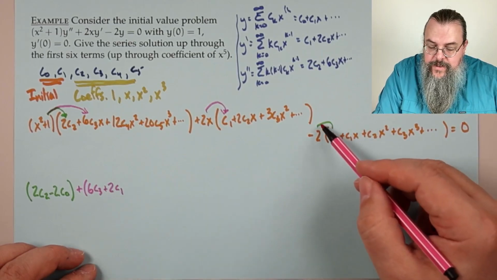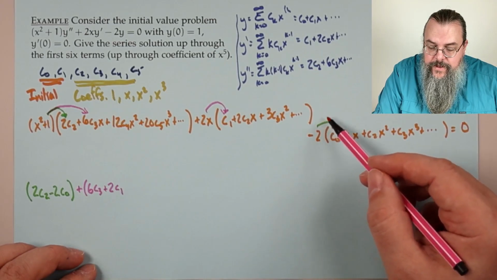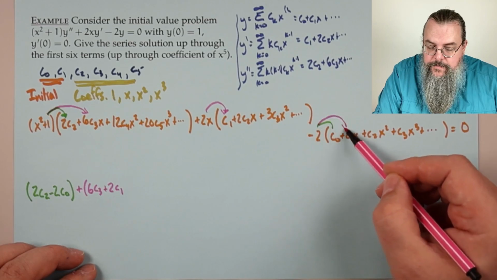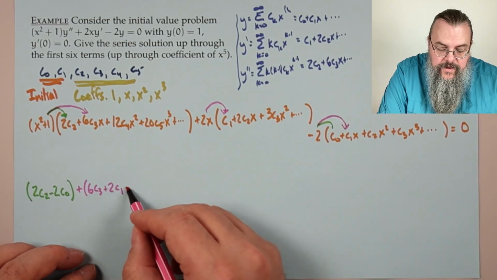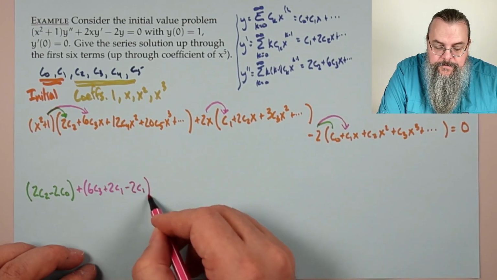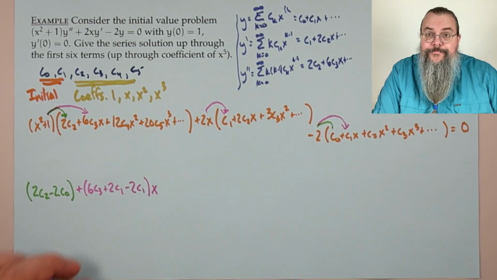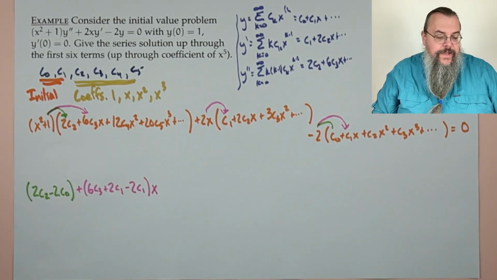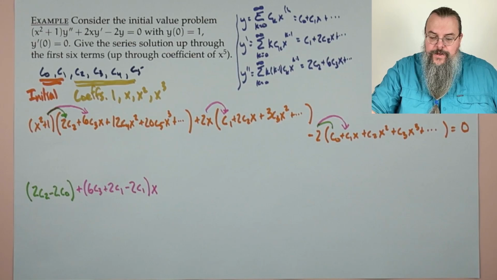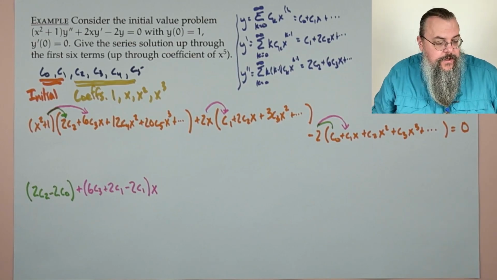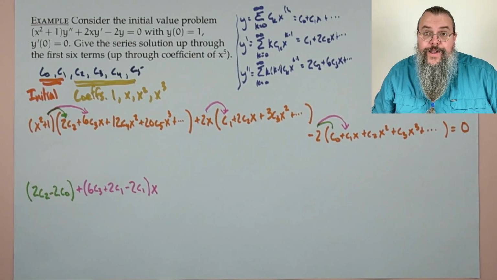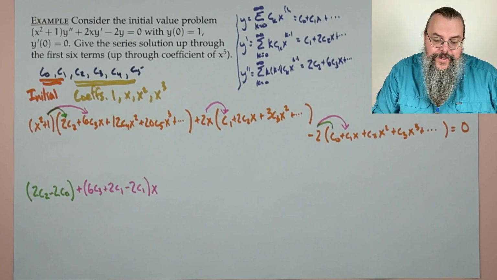And then we have minus 2c1 times x. Okay, good. Now let's go to our x squared.